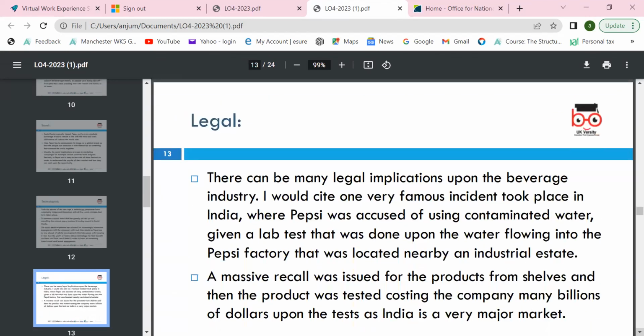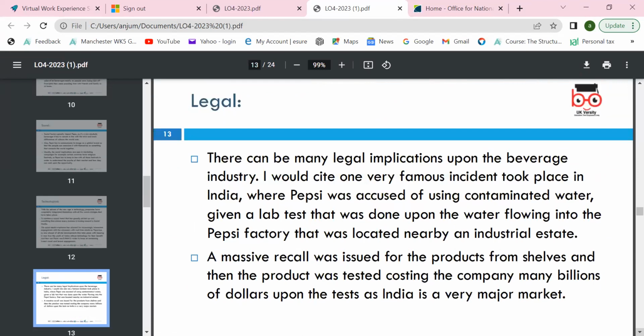Legal factor: there may be legal implications in the beverage industry, cited from a famous incident which took place in India, where Pepsi was accused of using contaminated water. Lab tests were done, and the water flowing into the Pepsi factory was located near an industrial estate.